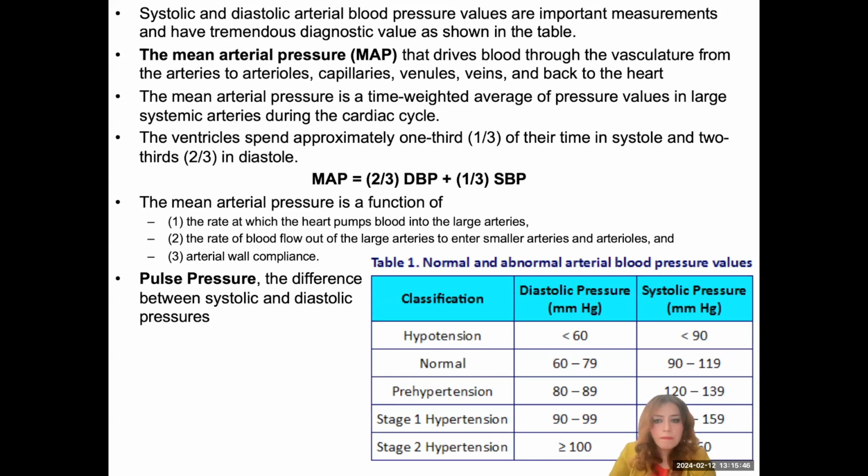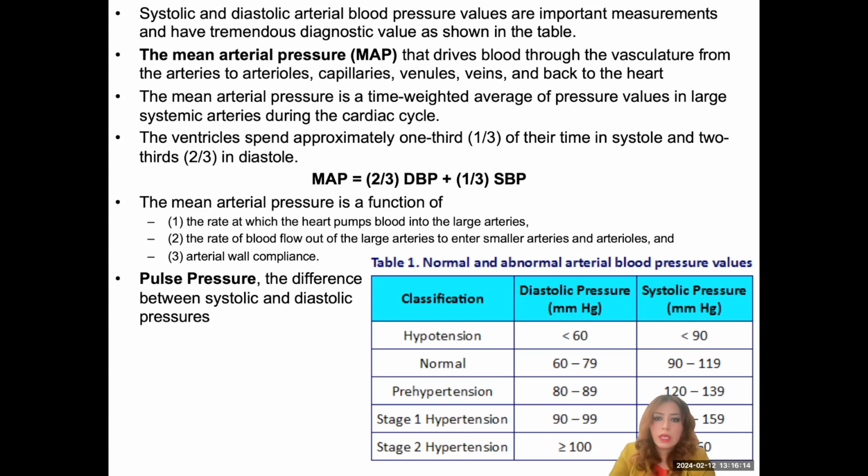So we have an equation for the mean arterial pressure: 2/3 diastolic blood pressure plus 1/3 systolic blood pressure, and the summation of these two will give us the mean arterial blood pressure.